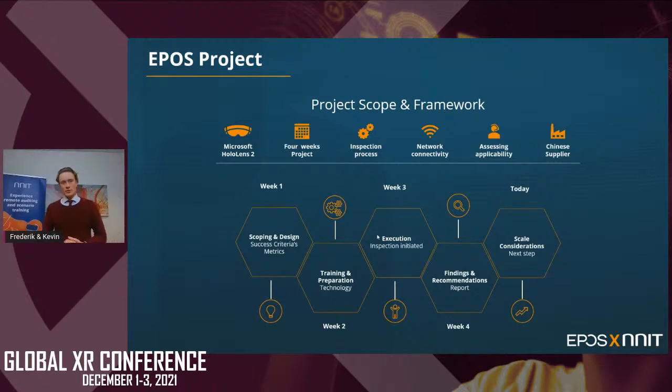We use the Microsoft HoloLens to conduct the inspections. First of all, we need to sit down with the customer and see what their challenges are and what their success criteria are for them to be able to use the technology appropriately and solve their challenges. So that's what we do in 1 week. And then we design this small project.